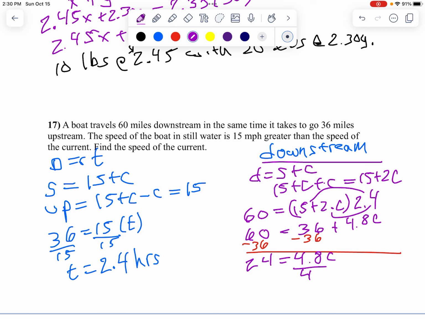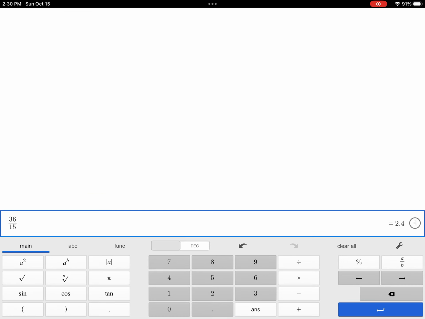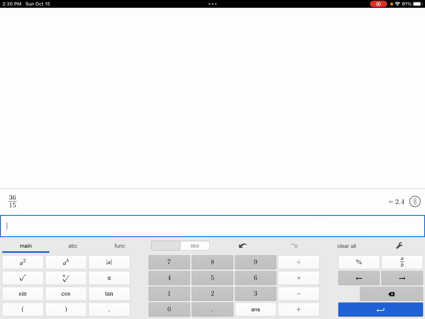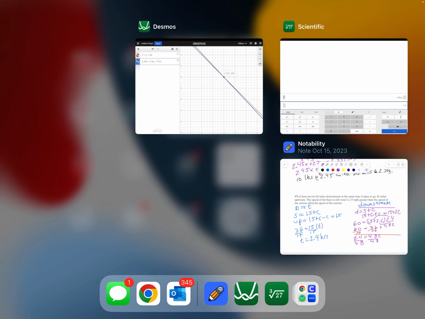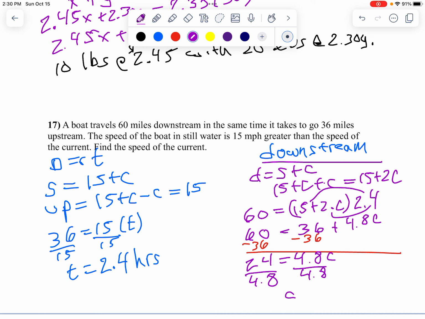I'll divide both sides by 4.8. I can't do that in my head, so I take 24 divided by 4.8. And you get 5 miles per hour. I meant to say miles per hour.